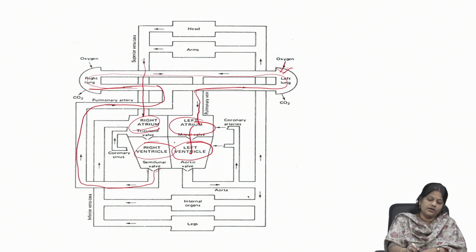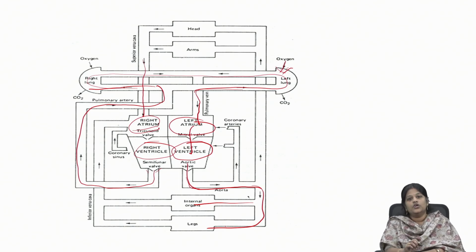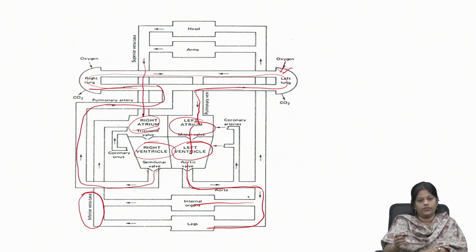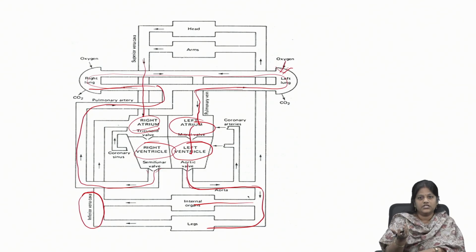Next, whenever the blood pressure is exceeded, the aortic valve will open and the blood flows to the legs, internal organs, and the remaining parts of our human body. Those below parts are taken care of by the inferior vena cava, the lower extremities, while the upper extremities are taken care of by the superior vena cava.